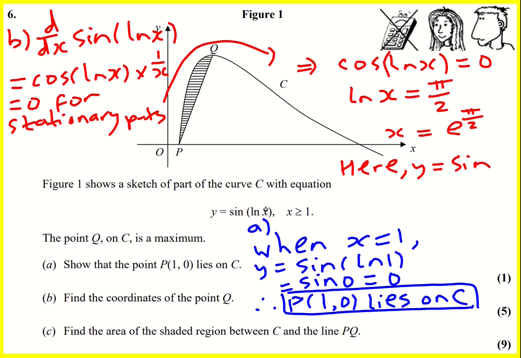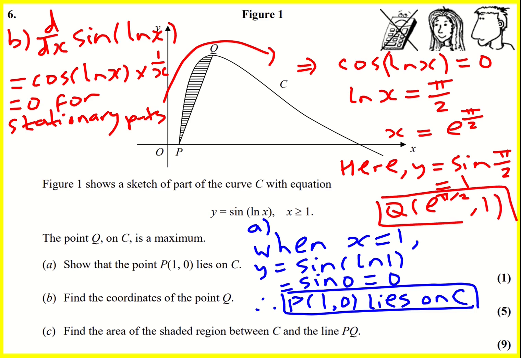So y is going to be sine of ln e to the pi over 2. The ln and the e just cancel, so it's going to be sine pi over 2, which is just 1. So that means that Q has coordinates e to the pi over 2 and 1. Okay, not too bad so far.